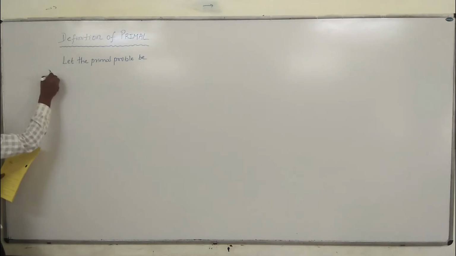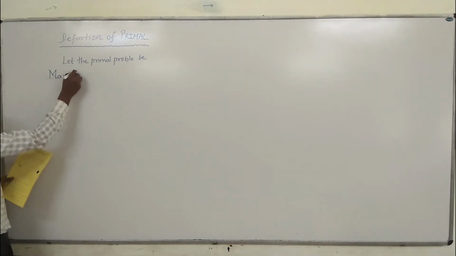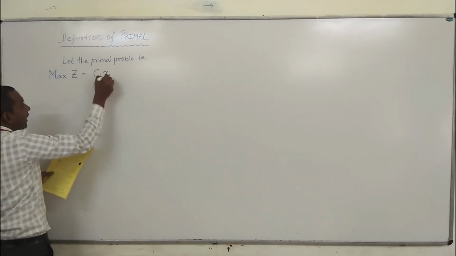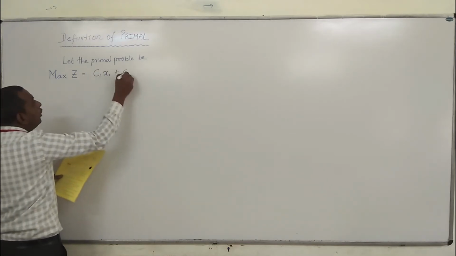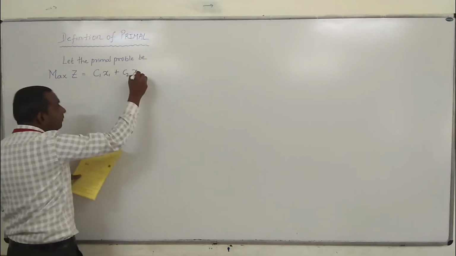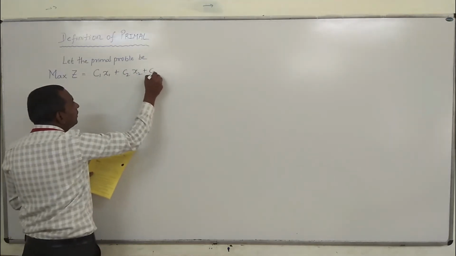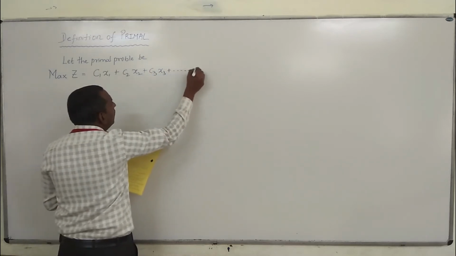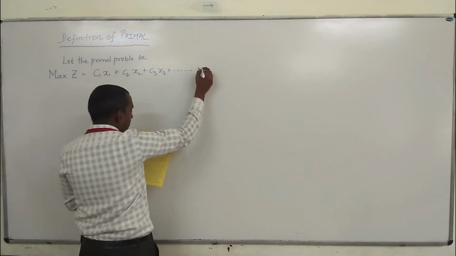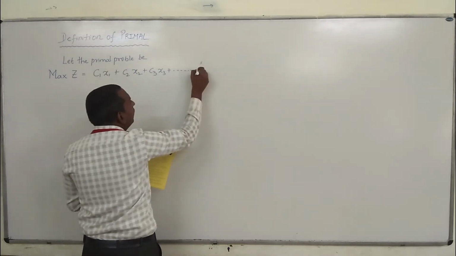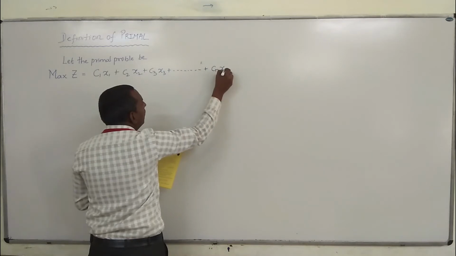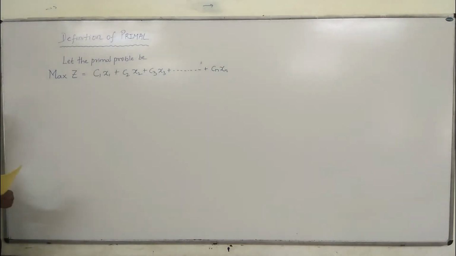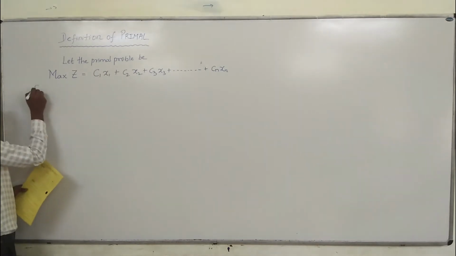That is, max z is equal to c1 x1, that is the objective function, plus c2 x2 plus c3 x3 and so on, plus cn xn. Fine. This is the objective function. Then it is subjected to constraints.